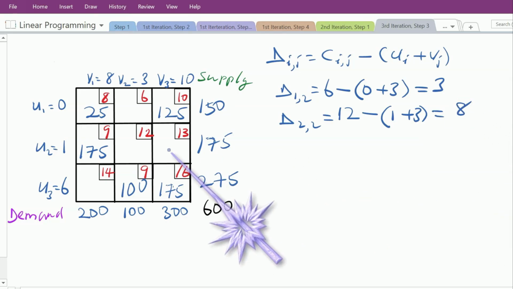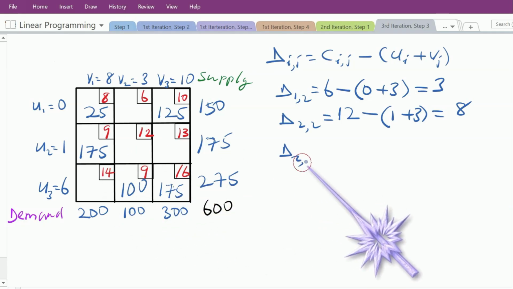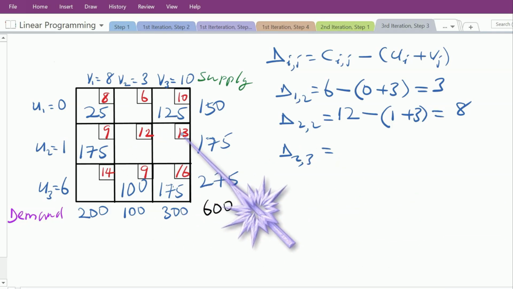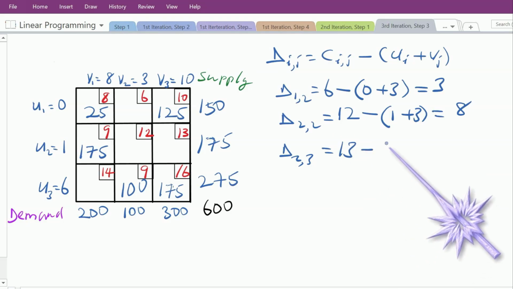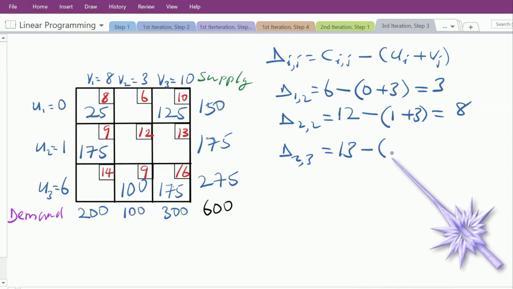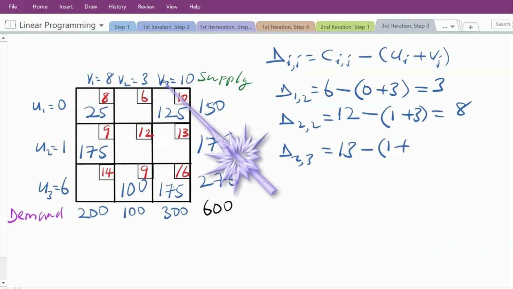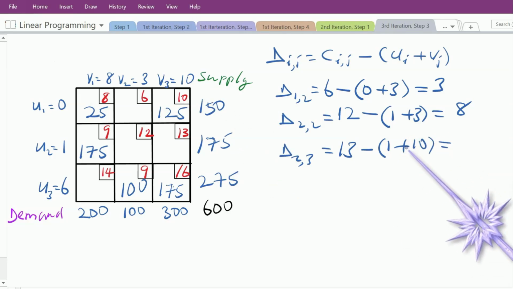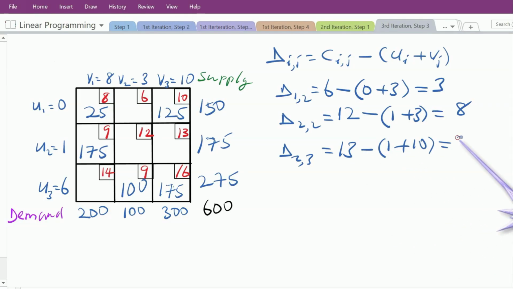The next one is delta 2,3. Delta 2,3 is equal to the value here, 13, minus bracket open U2, which is 1, plus V3, which is 10. This is 11, 13 minus 11 is going to give us 2.